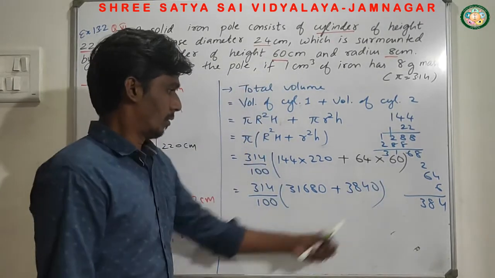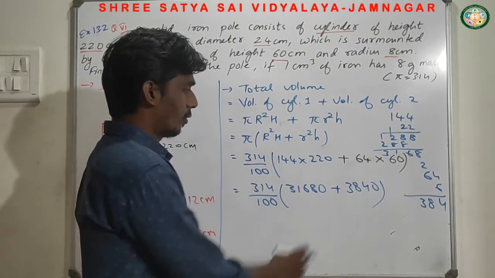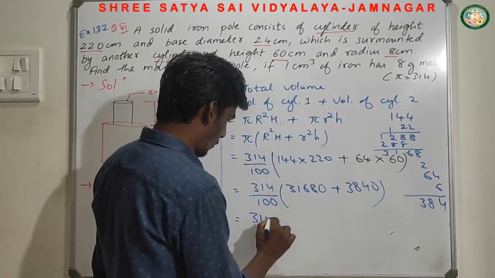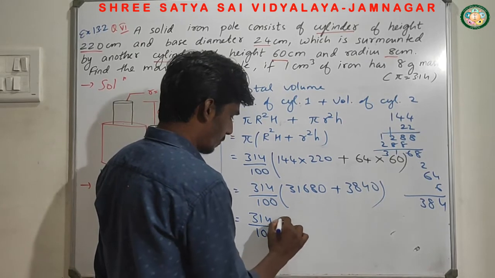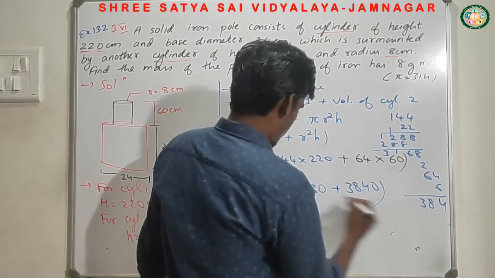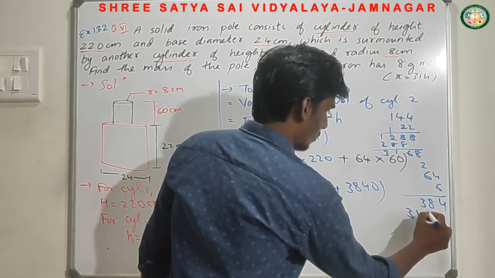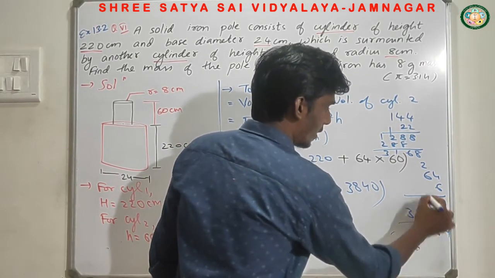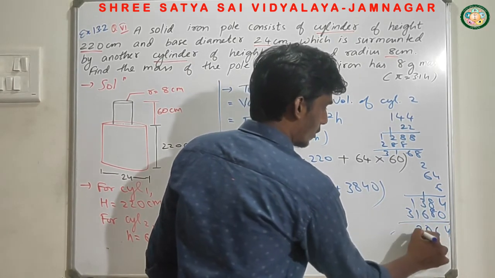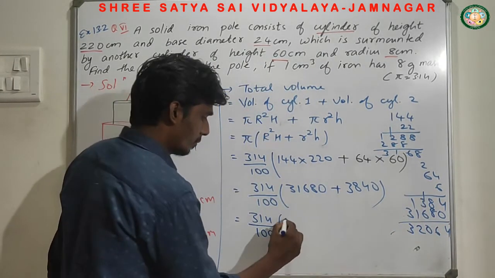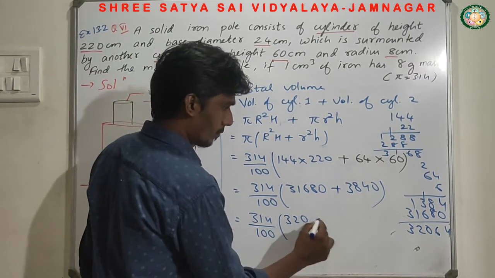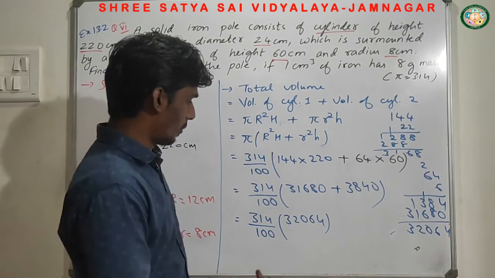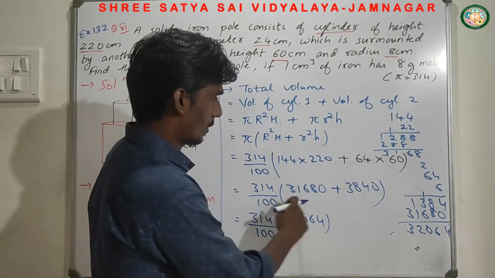Now we can add these two numbers, 31,680 plus 3,840. So we can write 314 upon 100, and what do we have to add? How much did I get? Something is wrong here.